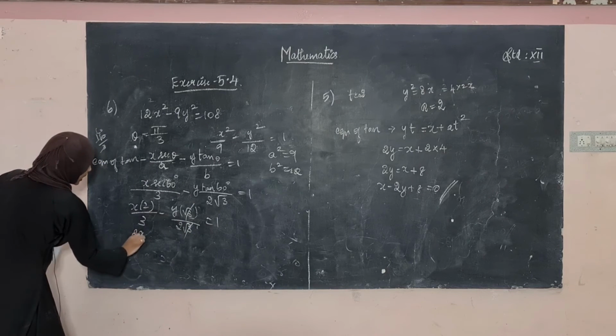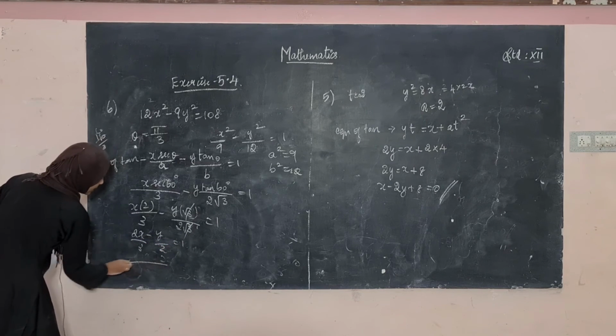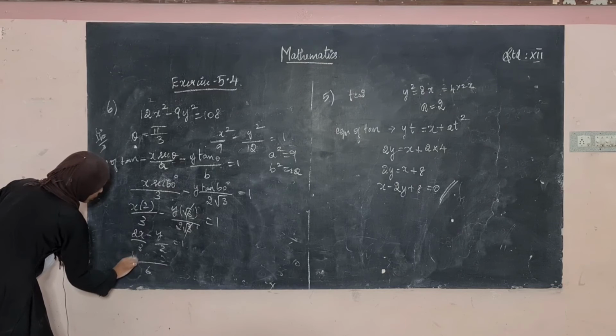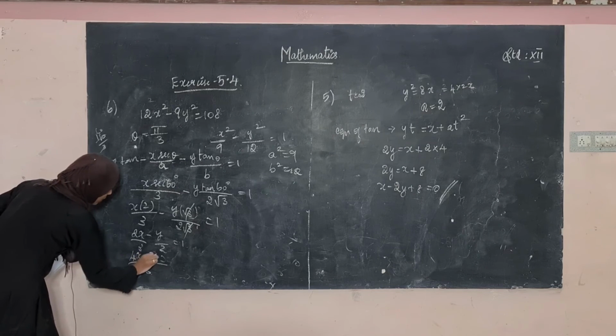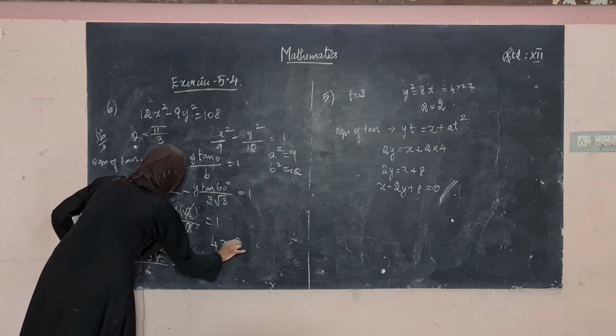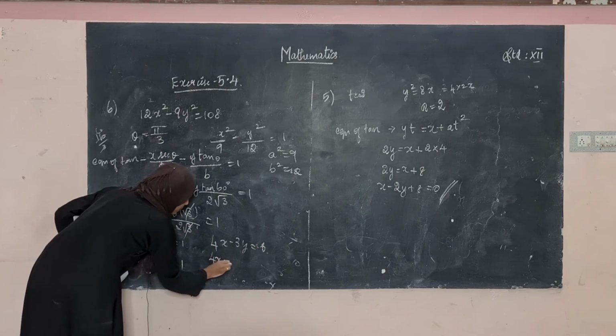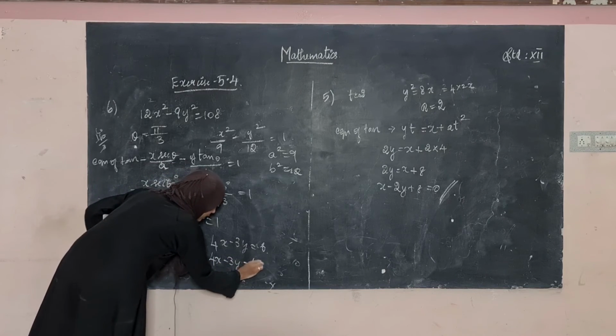So 2x divided by 3 minus y divided by 2 is equal to 1. Take LCM, it is 6. So 4x minus 3y equal to 6. Bring the 6 this side: 4x minus 3y minus 6 is equal to 0.